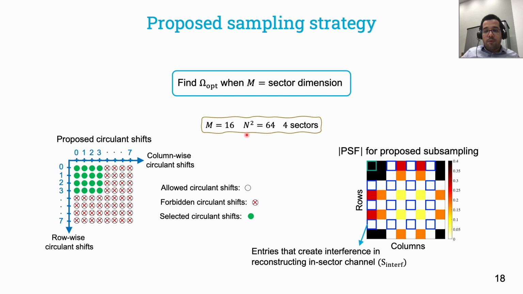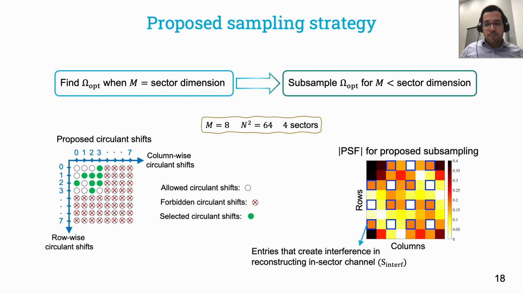Therefore, the sector dimension is 64/4, which gives 16. And the optimal 2D circular shifts are the ones shown by the green bubbles. As we can also observe from the magnitude of the PSF for the Nyquist regime, the point spread function is 0 within the sector of interest given by these blue boxes. Therefore, the interference within the sector of interest is 0 in this case.